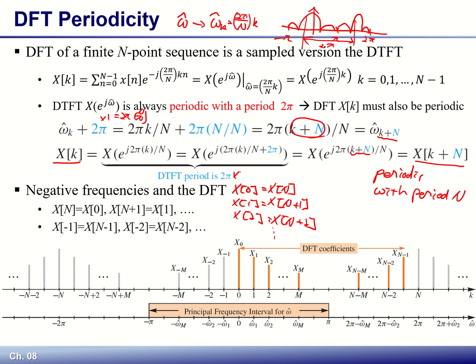What about X[minus 1]? X[minus 1] is the same as X[N minus 1]. X[minus 2] means X[N minus 2].